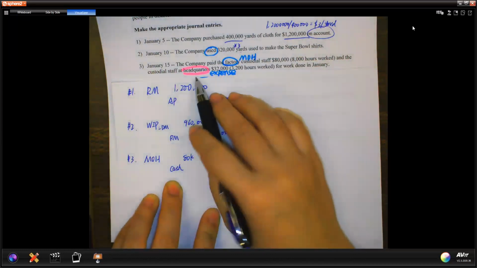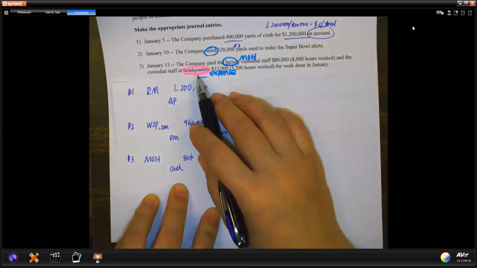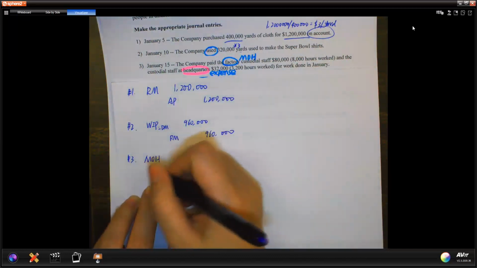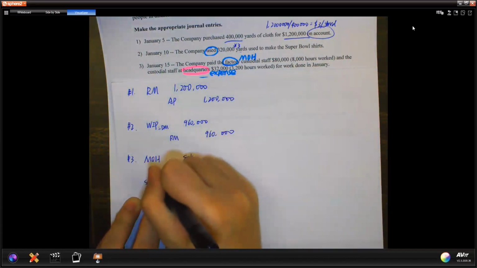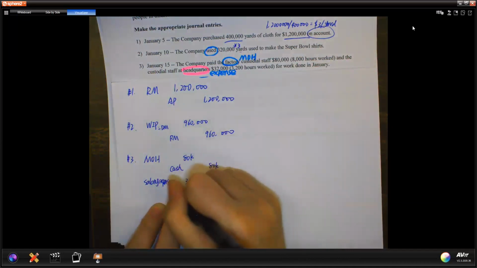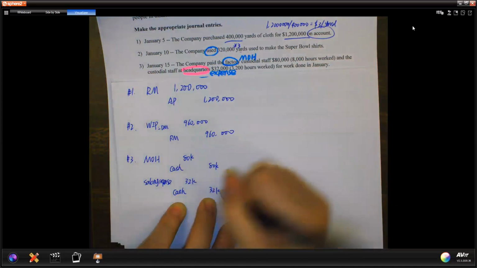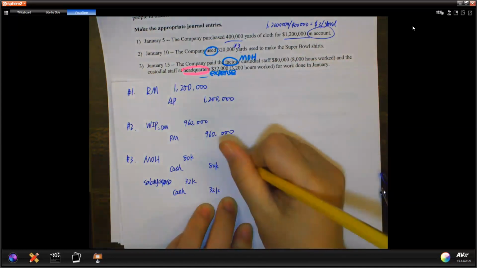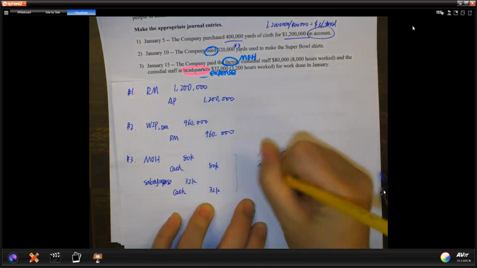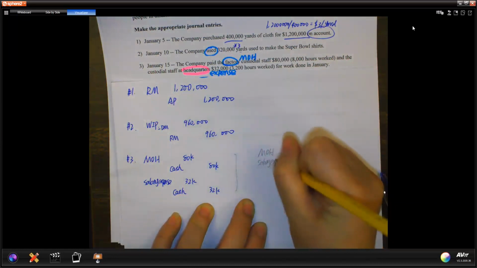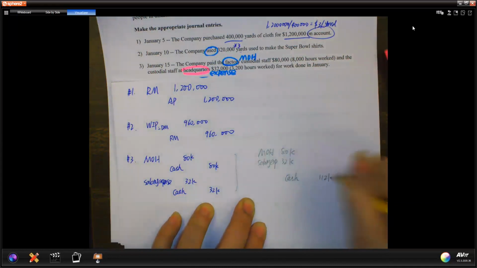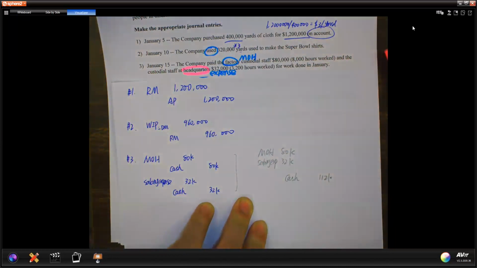When you paid your headquarters custodian staff, it's salary expense, 32,000, and you decrease cash 32,000. You could say, how about I combine them together? I have manufacturing overhead 80,000, salary expense 32,000, and I decrease my cash 112,000. That is perfectly fine for me.